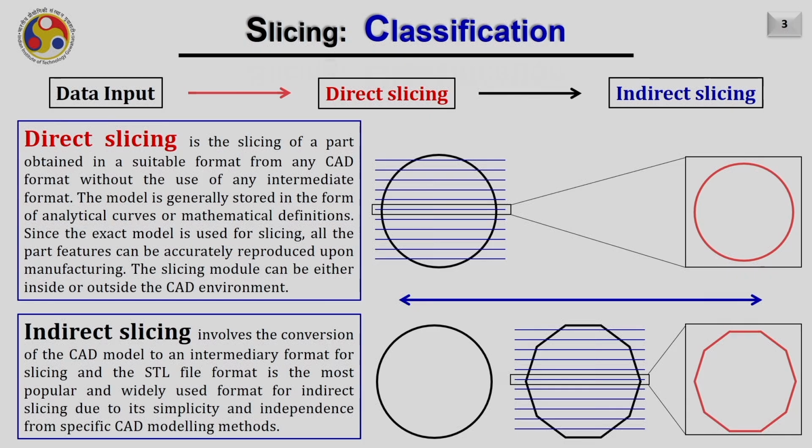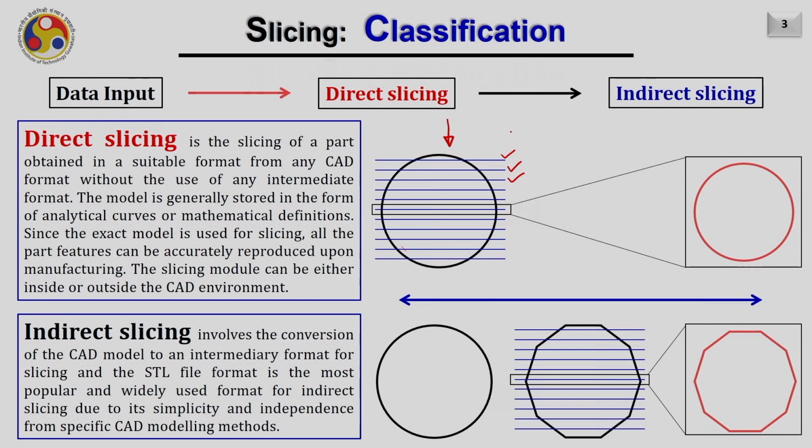For example, what you are seeing in this diagram is the front view of a sphere, and you can see that it is an accurate representation of the sphere. Directly, we are slicing the same object without converting it to an intermediate CAD format, that may be the STL file.